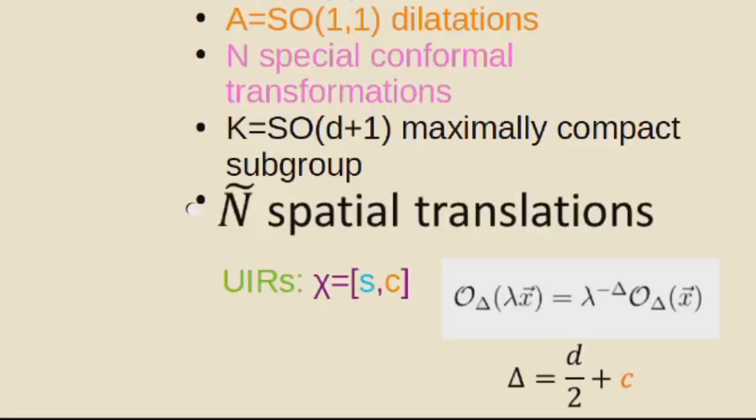So if I rescale the coordinates, an object of interest gets rescaled by an overall exponent. This exponent is called the scaling dimension. It labels the object of interest.